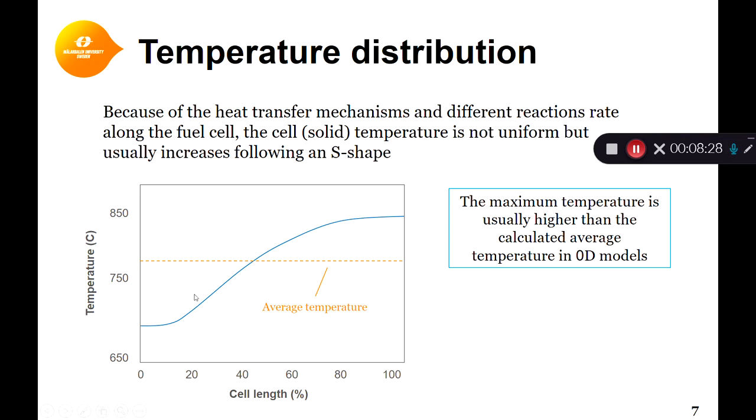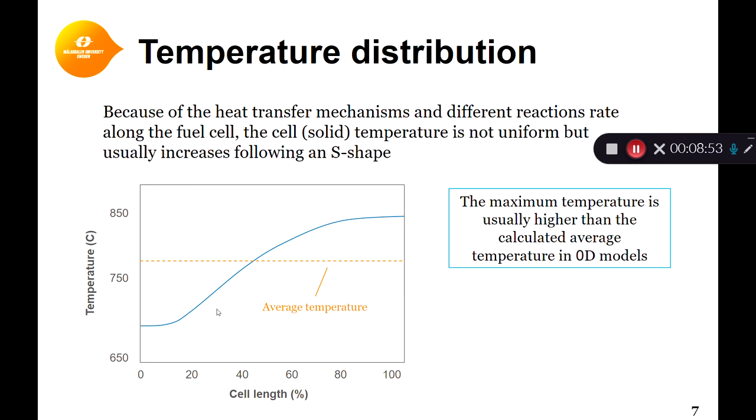At the inlet of the cell, where the air is cooler, the temperature increases more slowly. In the middle part of the cell, the air temperature starts to increase, so the heat transfer to the air is less, and reactions are occurring faster, so the temperature increases faster.